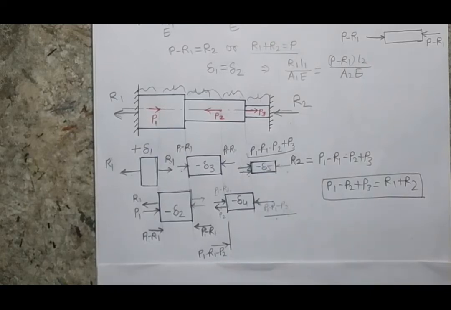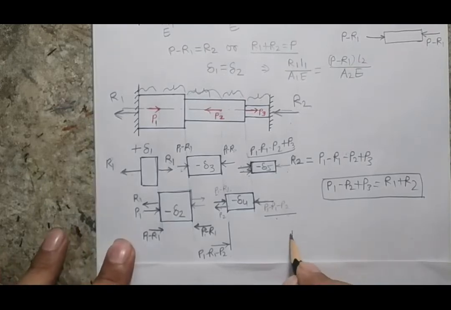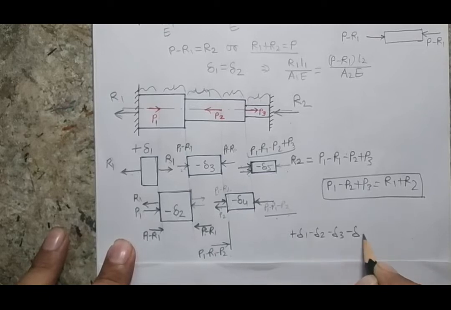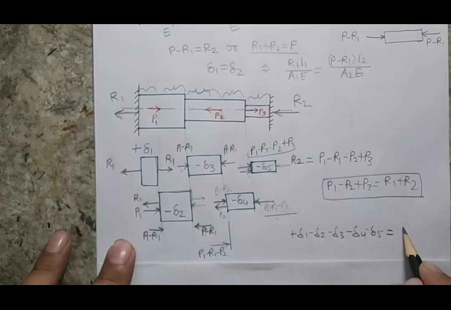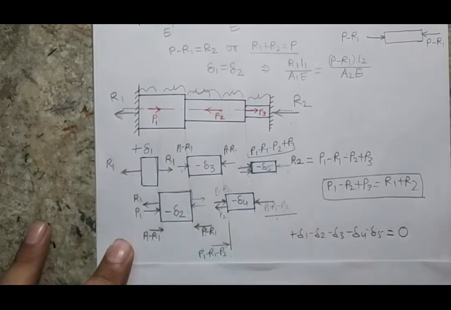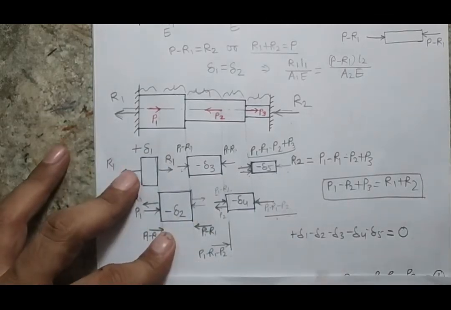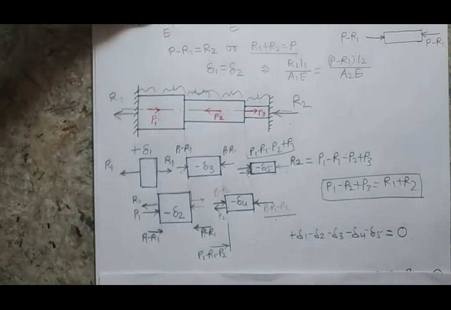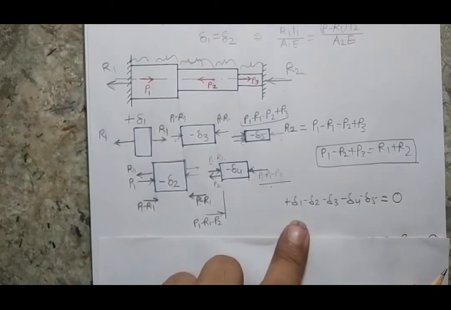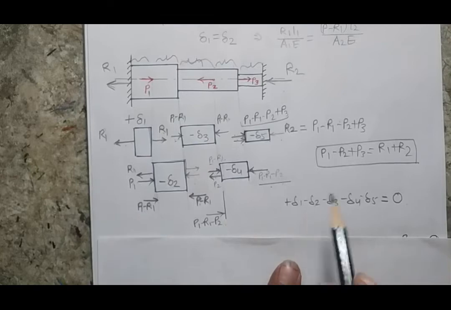So ultimately if I write the equation for the deformation, I will say that plus del 1 minus del 2 minus del 3 minus del 4 and minus del 5 is going to be 0, because the total length is not going to change. Now when I put these values, I use the R1 term for del 1, P1 minus R1 for del 2.